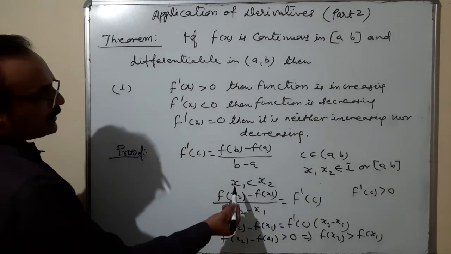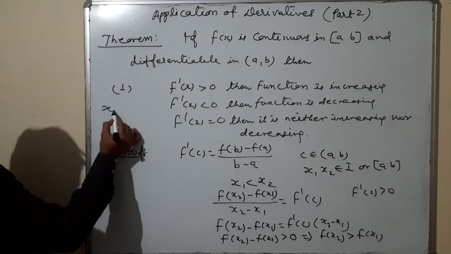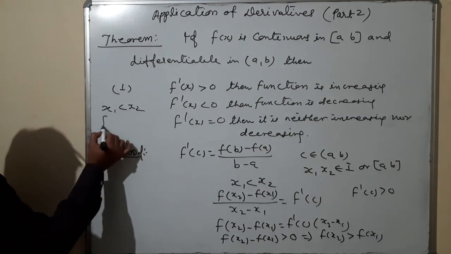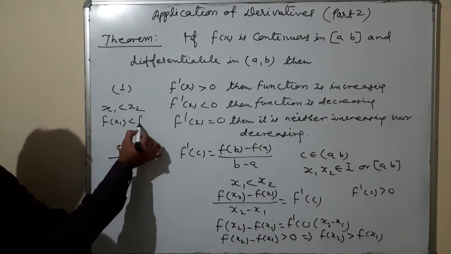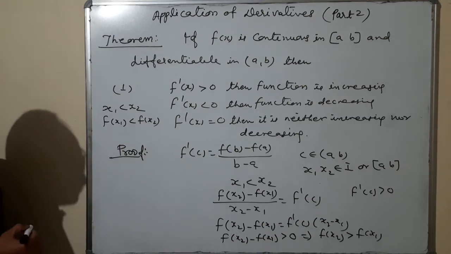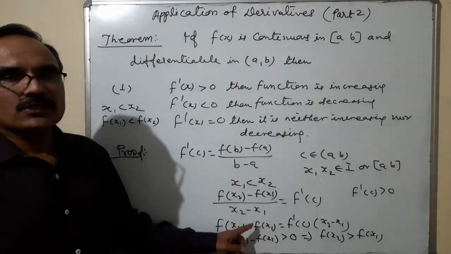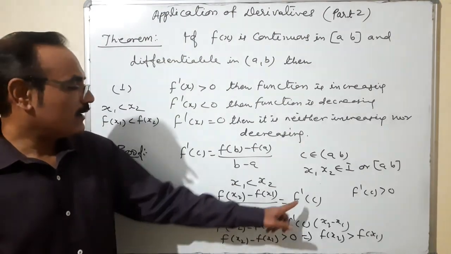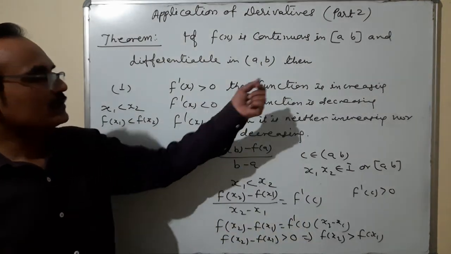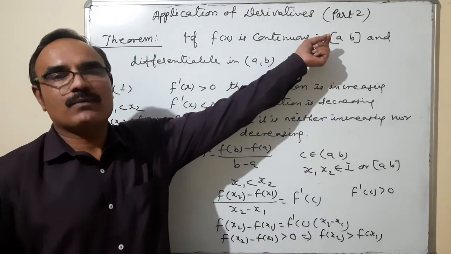The conclusion is that if x1 is less than x2, then f of x1 is less than f of x2. What I have done here: x2 minus x1 is a positive number, and f dash C is greater than 0, where C is any number from the interval.